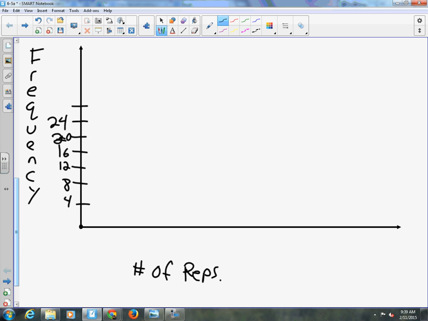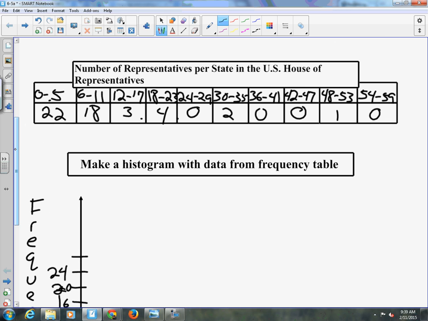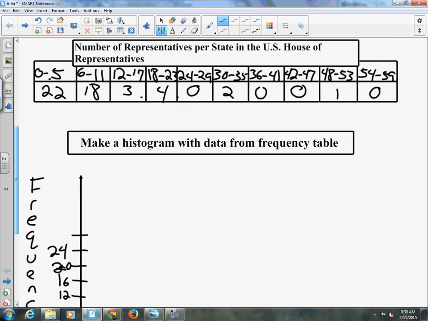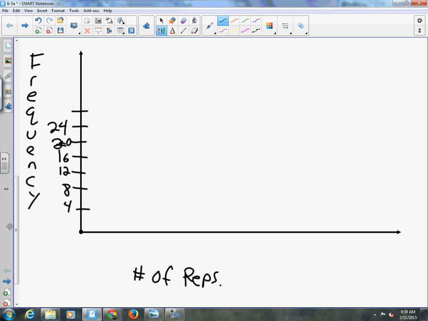On the bottom of my histogram, I have to put all of my intervals, the intervals that I chose from here. So my first interval, I'm going to put a little line here and say this is 0 to 5. My next interval was 6 to 11. My next one was 12 to 17. Then 18 to 23.